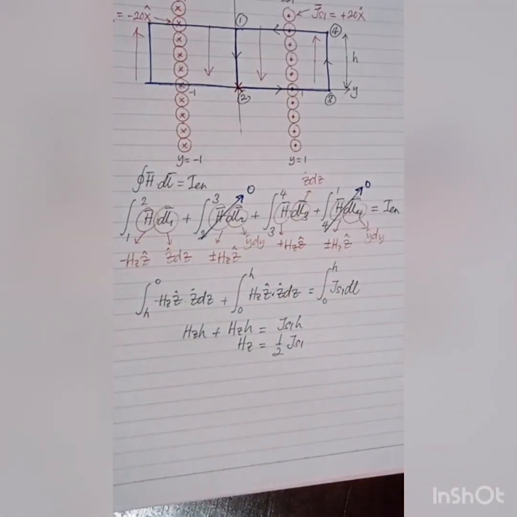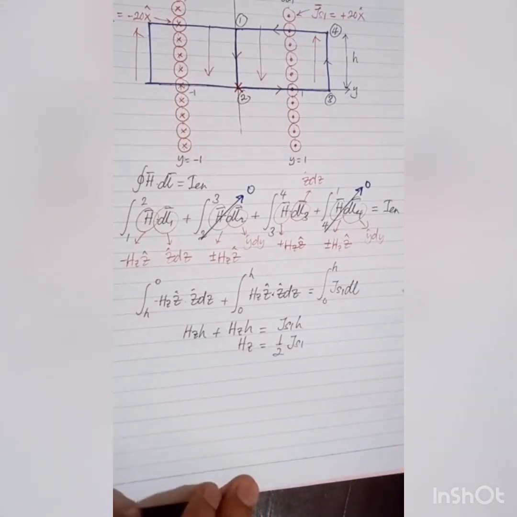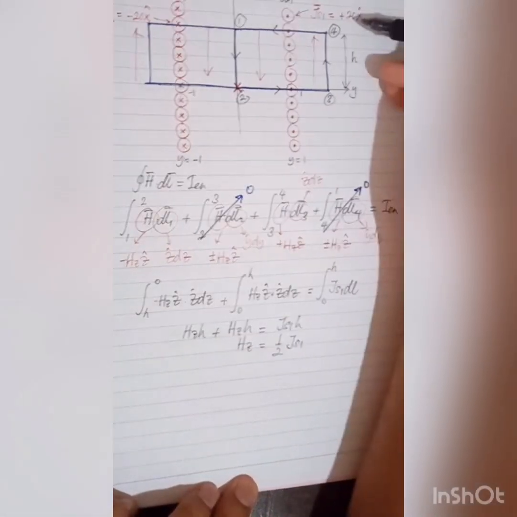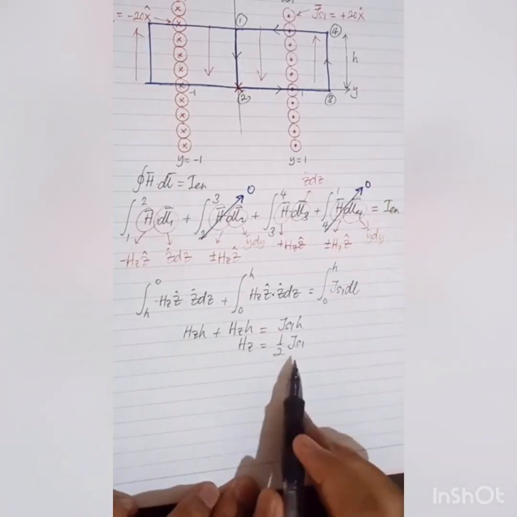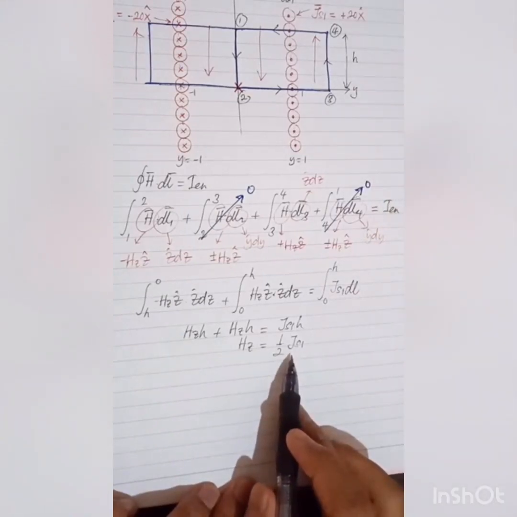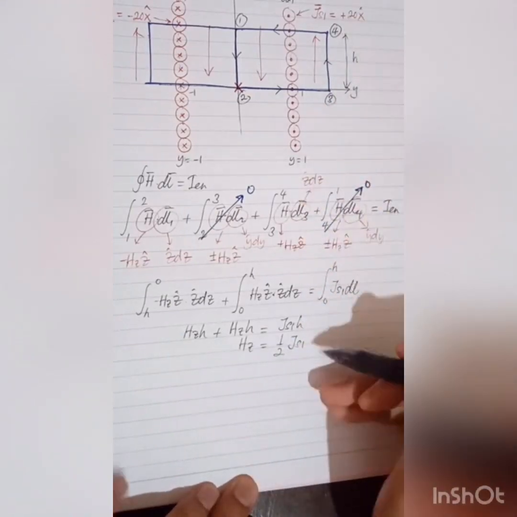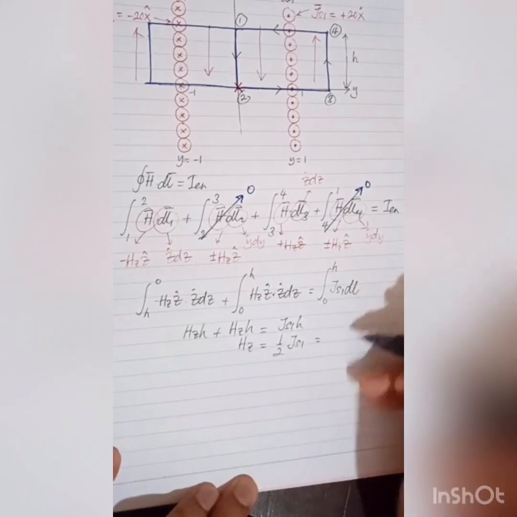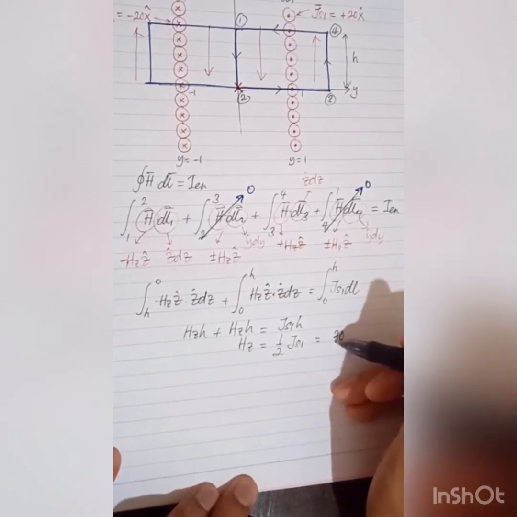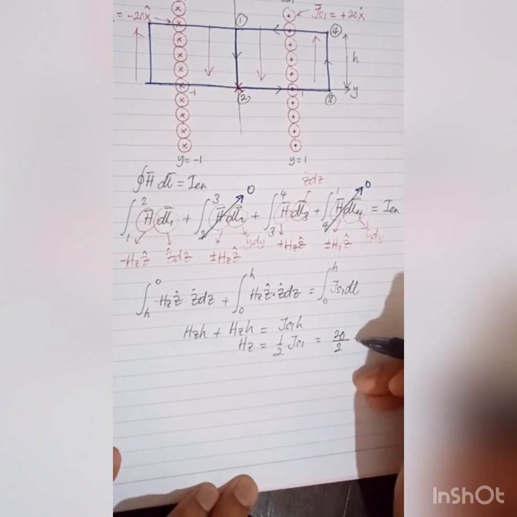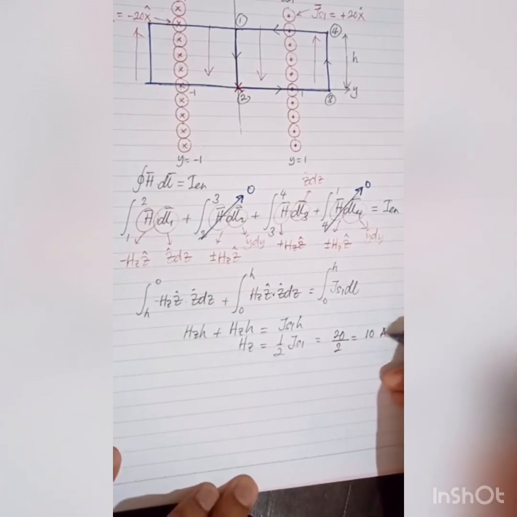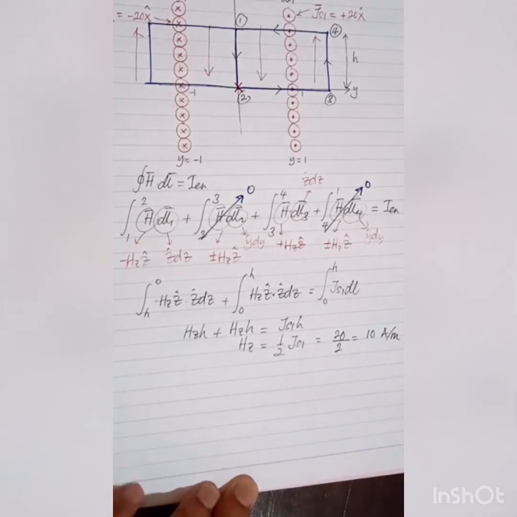Alright, so if you look carefully, the value of Js1 here is 20, right? So now this refers to the magnitude only, there's no vector, so just take 20. We're going to have here 20 over 2 equal to 10 ampere per meter.